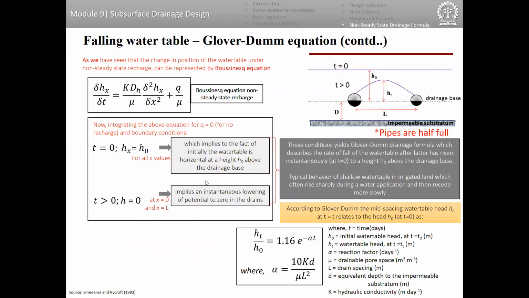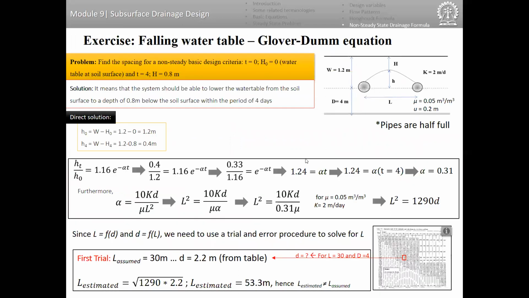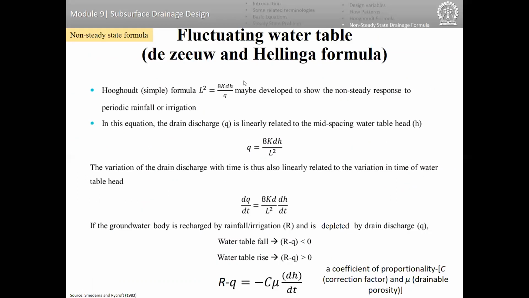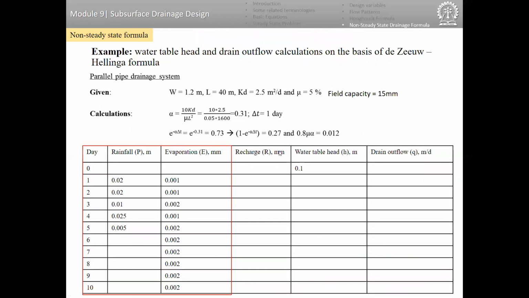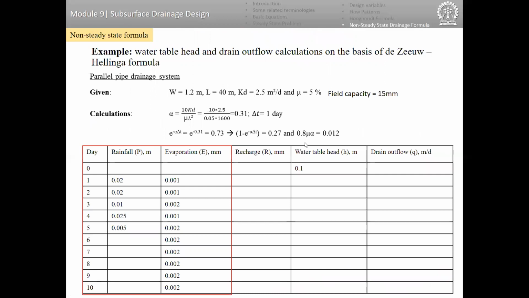Then we saw one example on this falling water table, in which the flow is essentially horizontal flow. Then we saw the next case, the fluctuating water table, that can be solved with the help of the Dzu-Hellinger formula, and one example on this fluctuating water table case, which is a non-steady state condition. With that, we'll stop here for this fifth lecture of the subsurface drainage system.